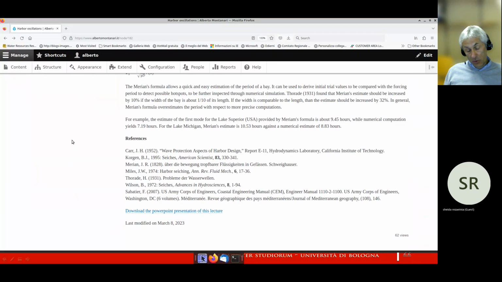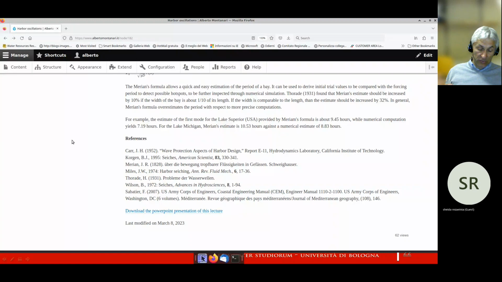And also keep in mind that this situation typically occurs when you have a large harbor, which may host large ships. As I said, we are concerned by waves with a long period, up to 10 minutes, and we are concerned when this period corresponds to one of the natural frequencies of the basin, one of the frequencies of the harbor.